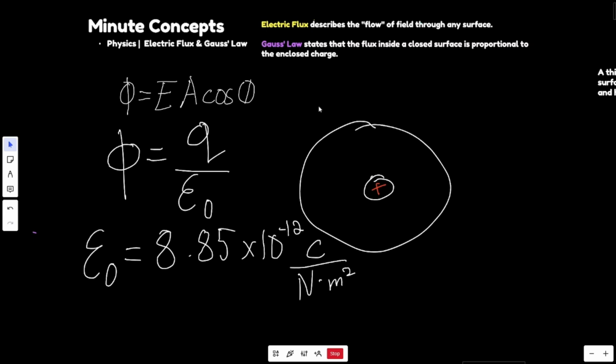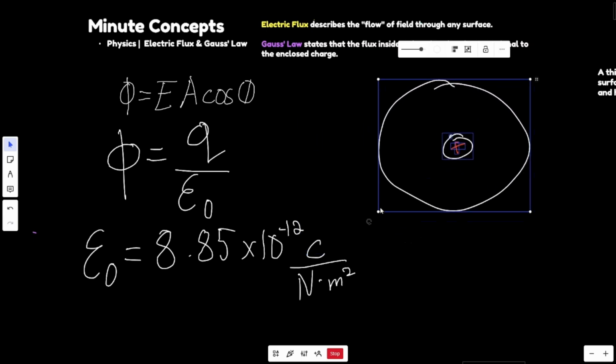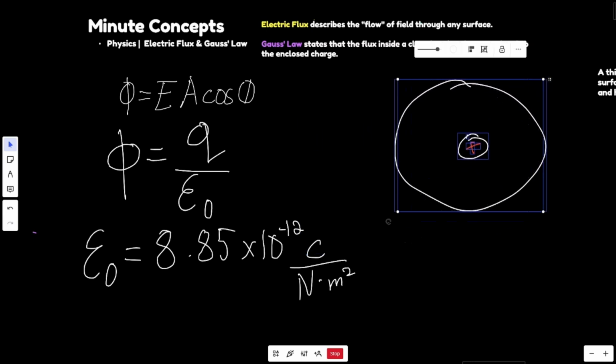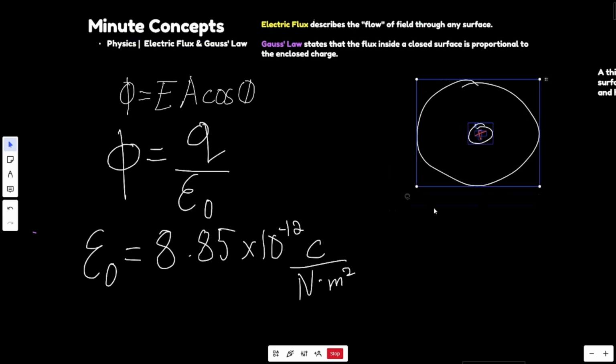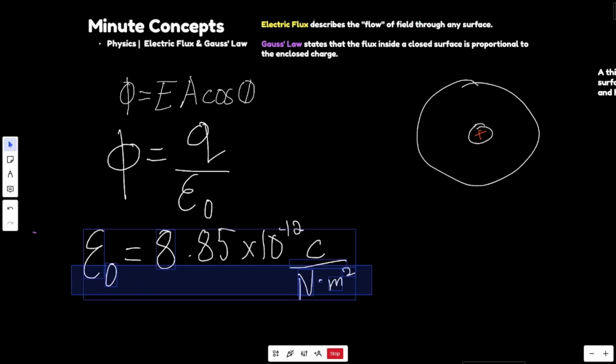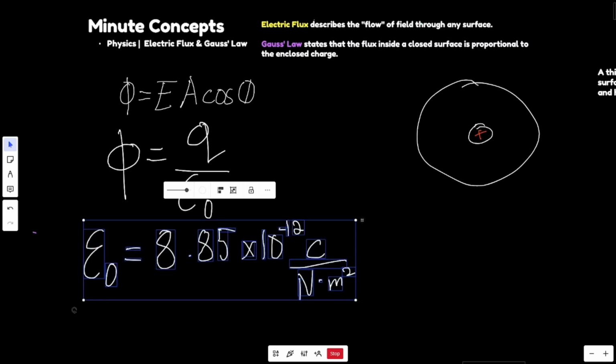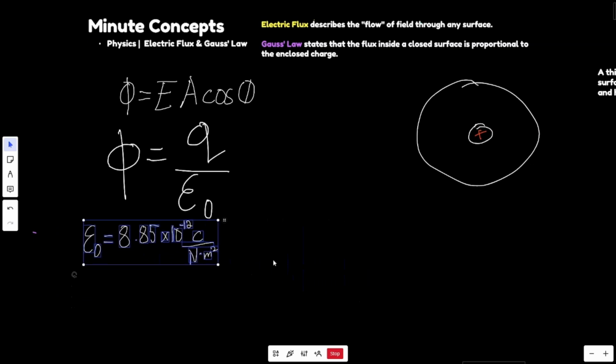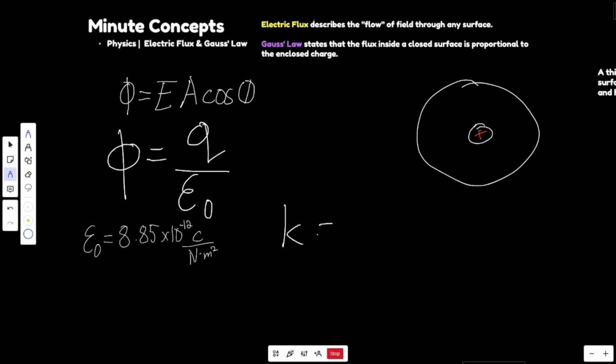There's actually, just for some extra added knowledge here, epsilon naught is actually used to get our favorite constant so far, Coulomb's constant. Coulomb's constant is given with the formula, hold on. Coulomb's constant is equal to 1 over 4 pi epsilon naught.